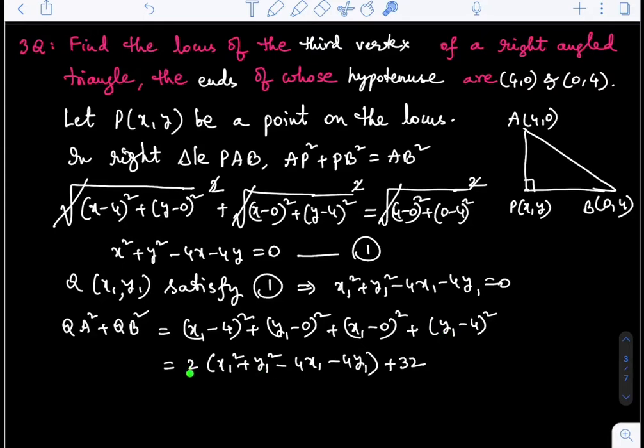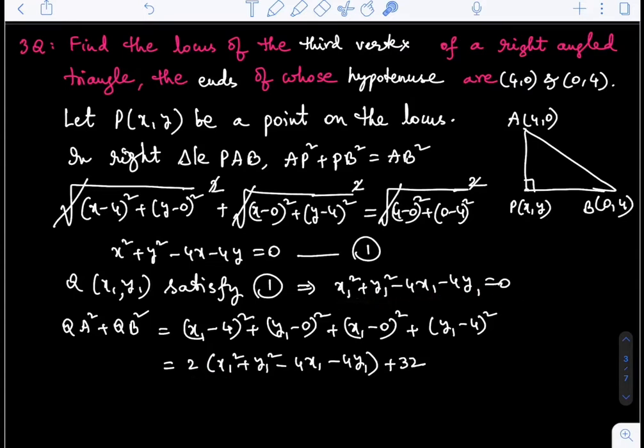There are 2y1 square. So 2 is common here actually. 8x1. So 2 common, no? That's why 4 only remains. 8y1. 2 came outside. 4y1 inside. And this is a 16. Here it is 16. So plus 32 came outside. And here only we have taken common.